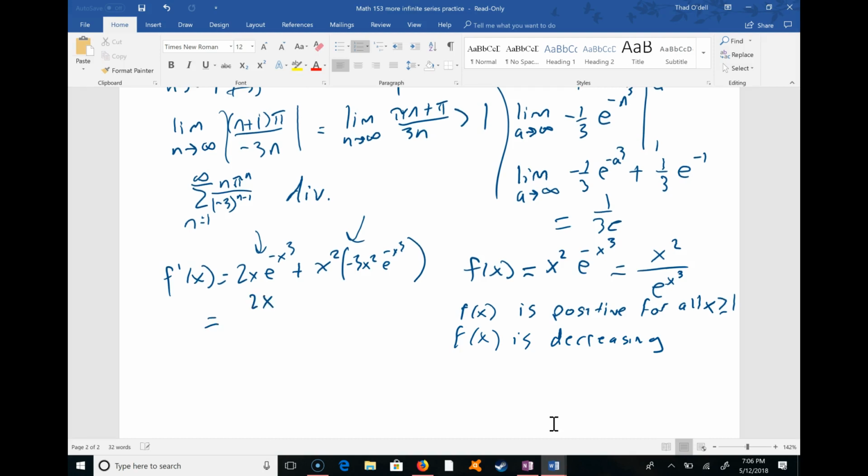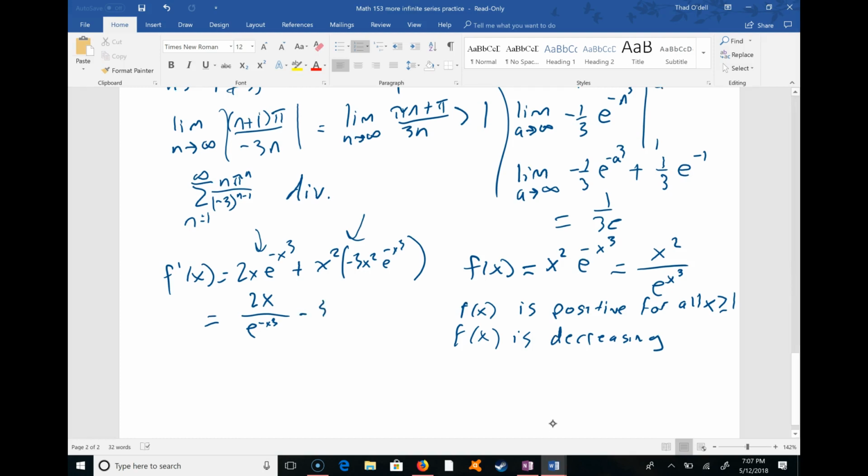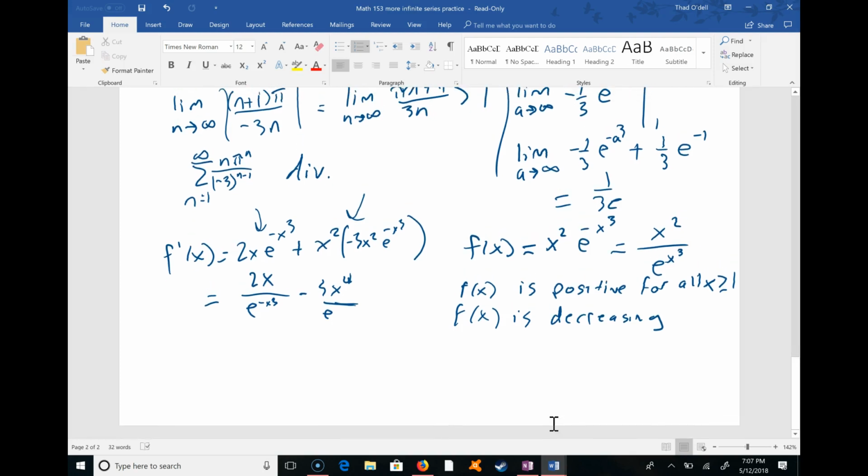So this would be 2x over e to the x cubed minus 3x to the fourth over e to the x cubed.